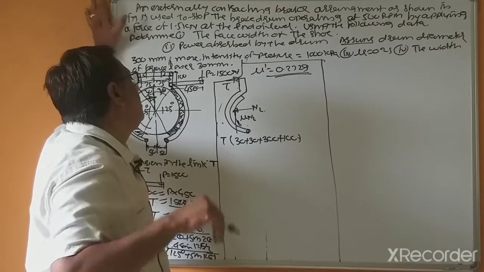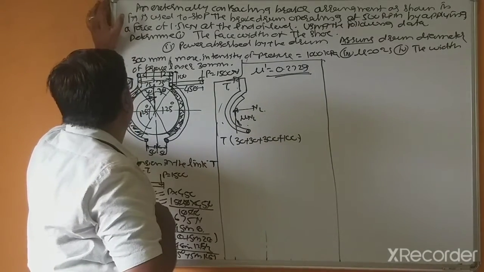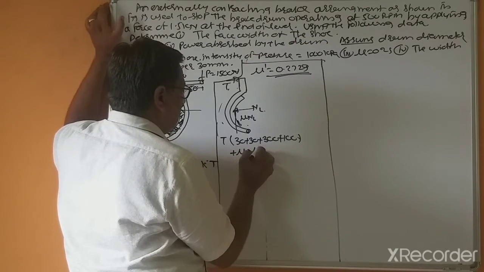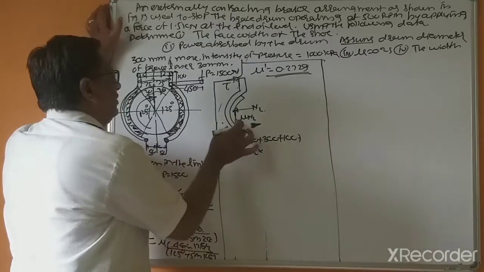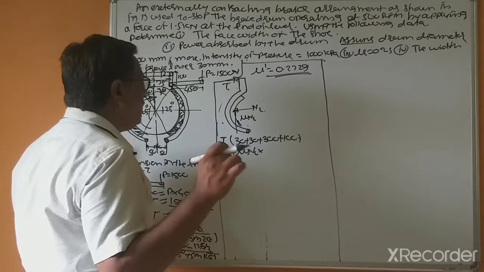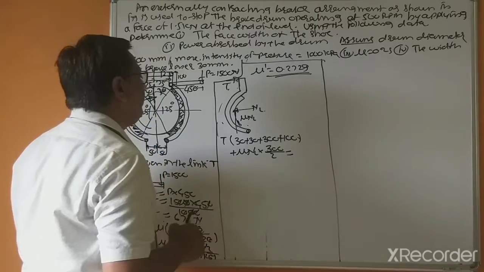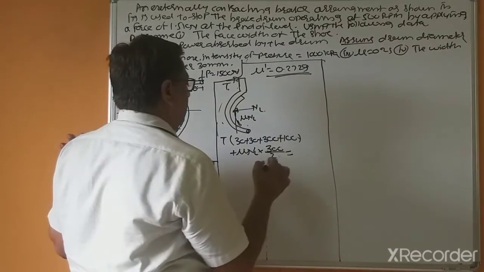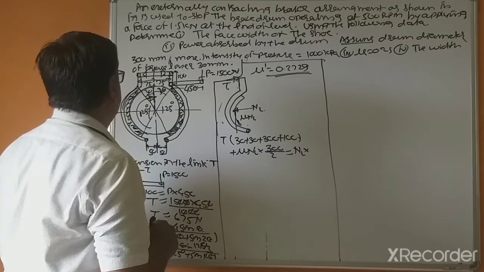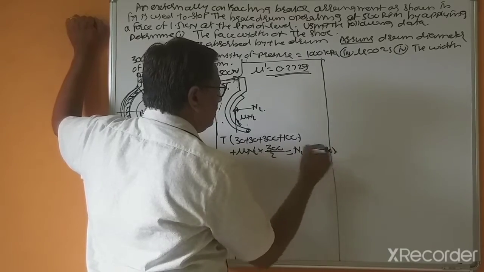So this is clockwise. This force plus mu NL into distance. This distance equal to this distance means total 300 diameter. So that's why this is 300 divided by 2, and this is NL into 300 plus 30.